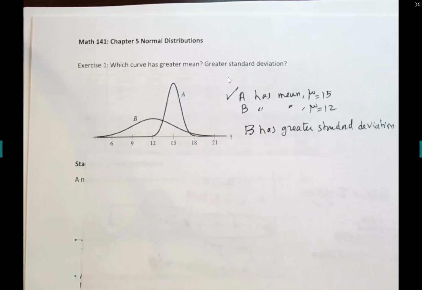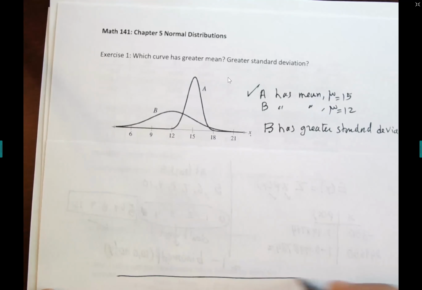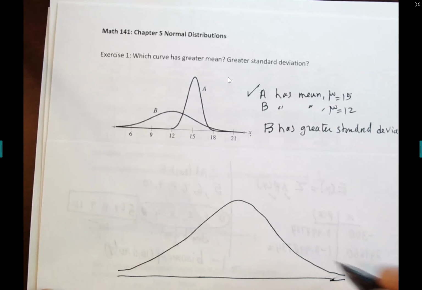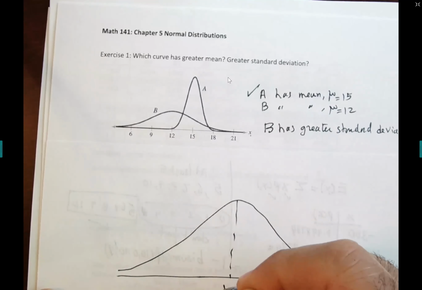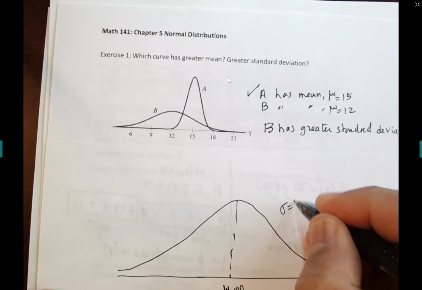Okay. Now, guys, please pay attention to this before we move to the next part. Let me just do this sketch. And I'm gonna do the standard deviation to be 10.